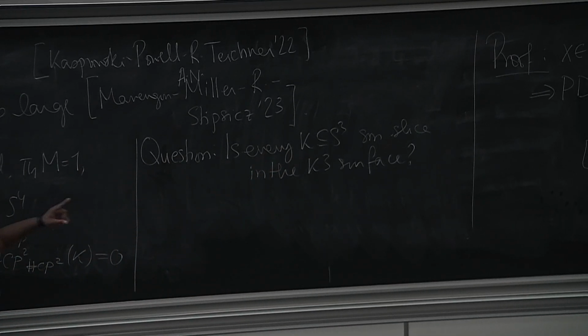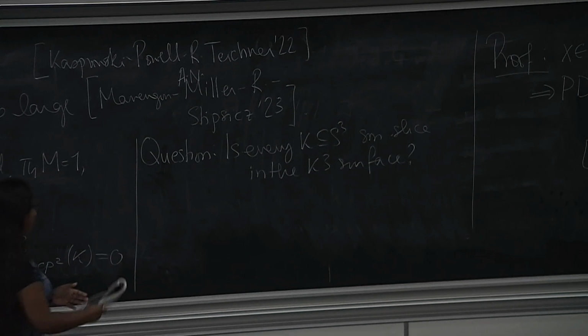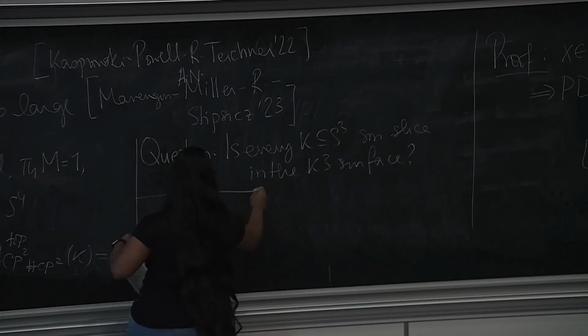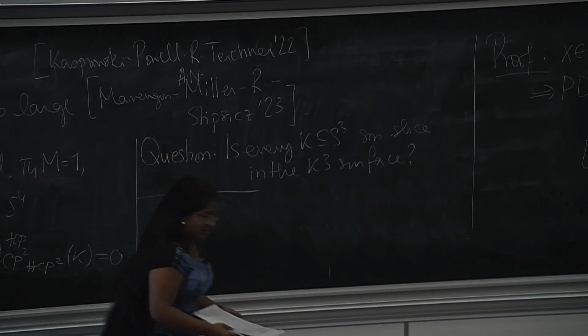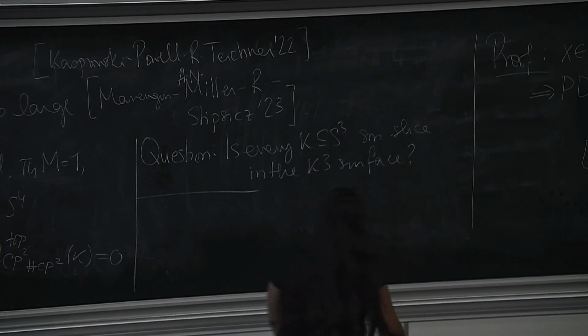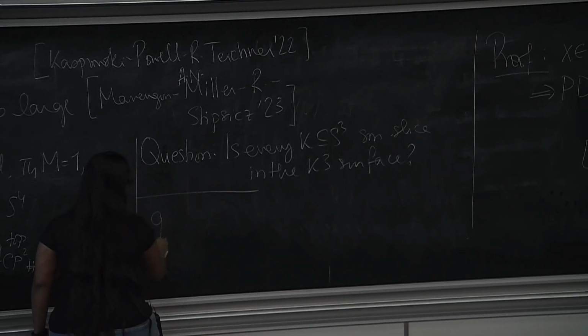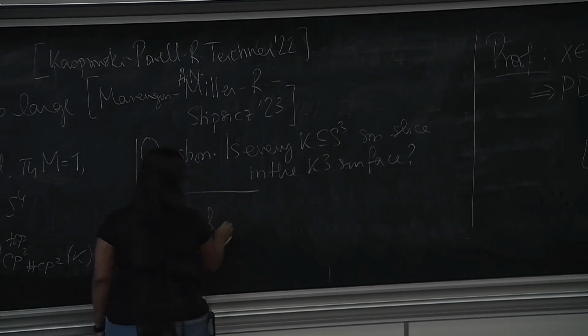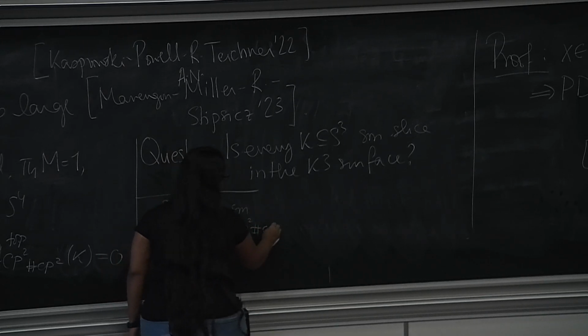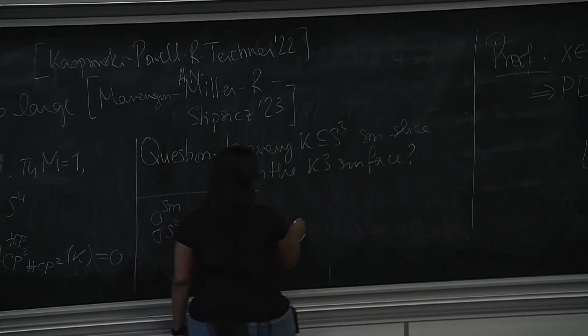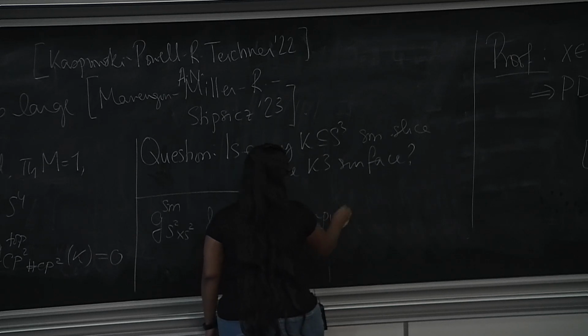And then finally, I forgot to mention something about the absolute setting. I should have said that at the very beginning. My apologies. Back in the absolute setting, the smooth genus of S2 cross S2 and of CP2 connected sum CP2 bar were computed by Danny Ruberman.